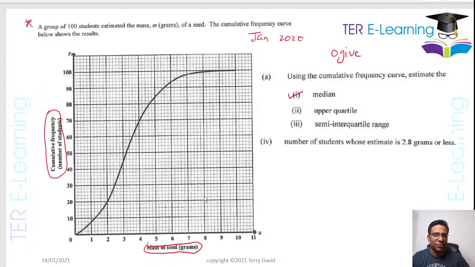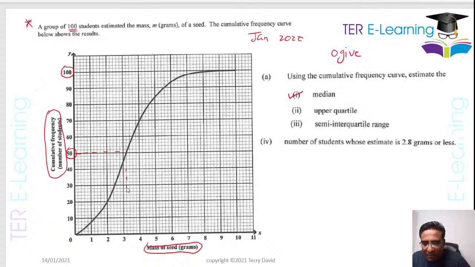So the first thing I want you to do is to determine the median. Now we have 100 students, so you realize the cumulative frequency curve goes up to 100. The median is my middle. So in order to find my median, all I need to do is to find half of my total number of students, which in this case is 50. Then we go across here on my graph, and then we come down.